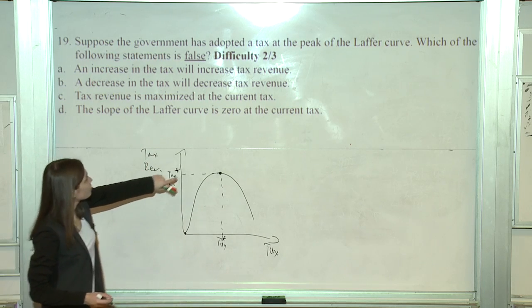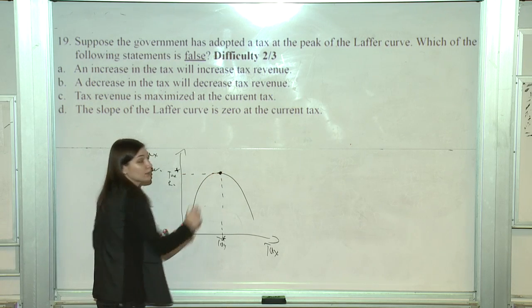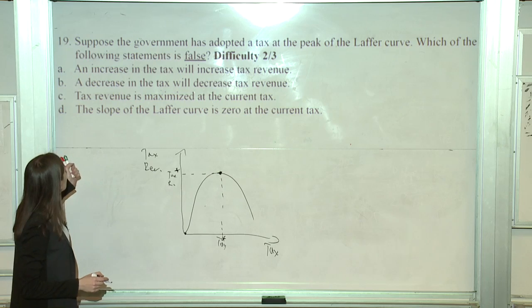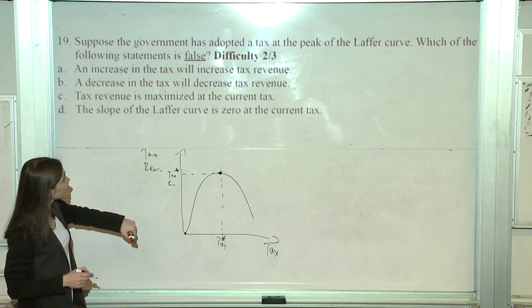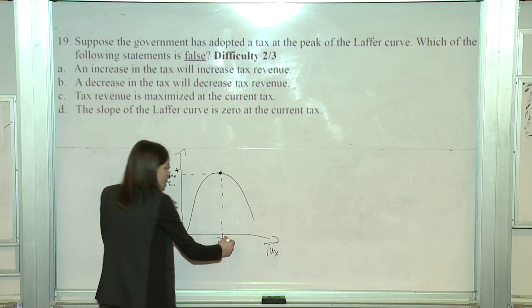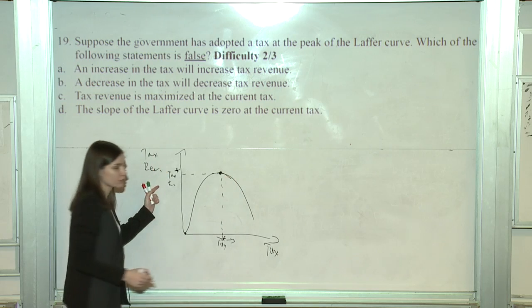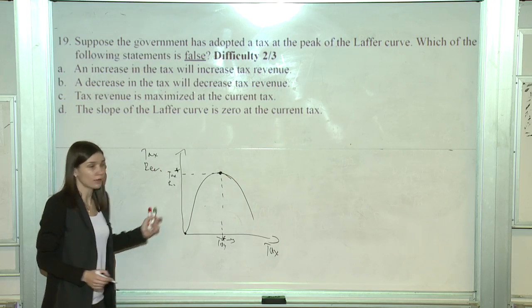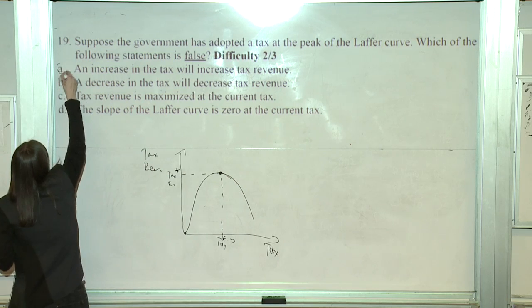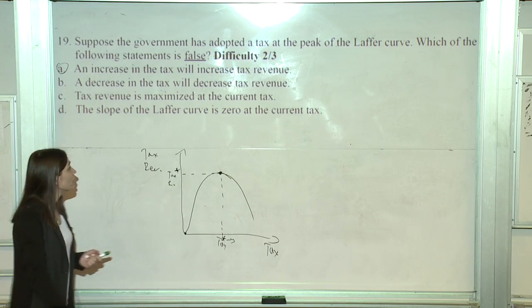The question says that we have adopted a tax here, so we are at the peak. Is it true that an increase in the tax will increase tax revenue? An increase of the tax means we move to the right. And when we move to the right, what happens to tax revenue? It goes down. So A is false, and the question is what is false.